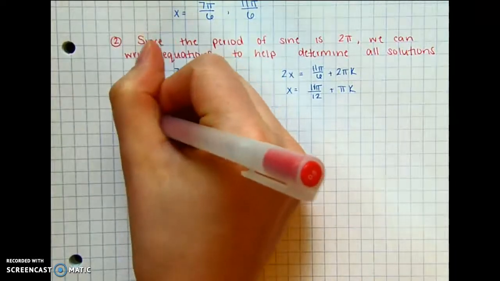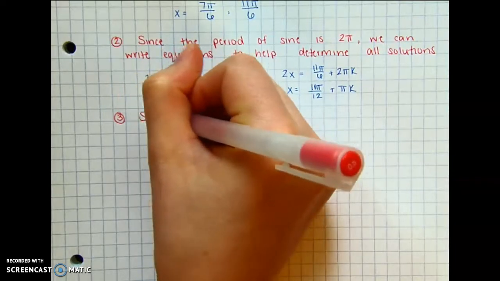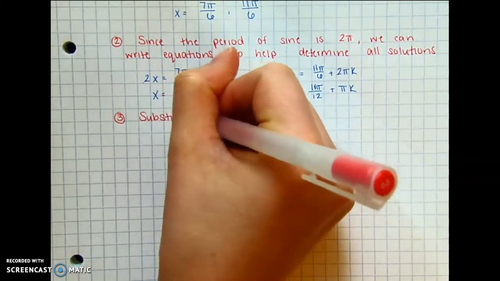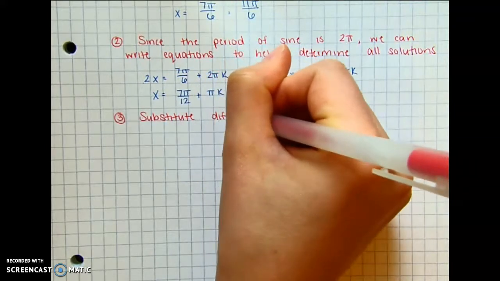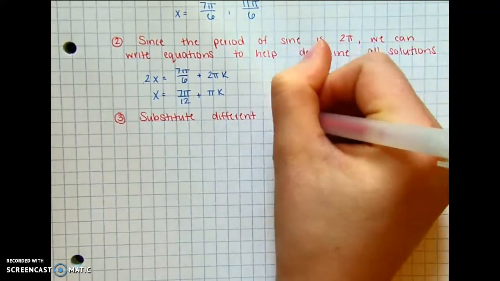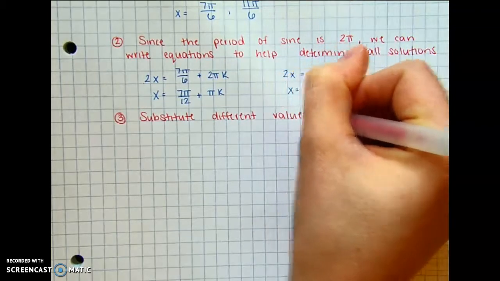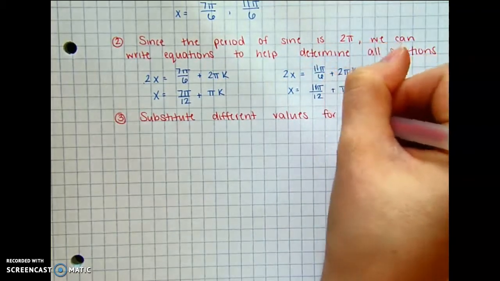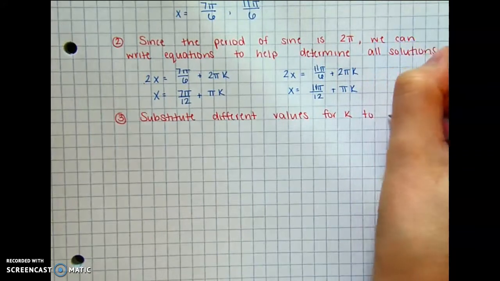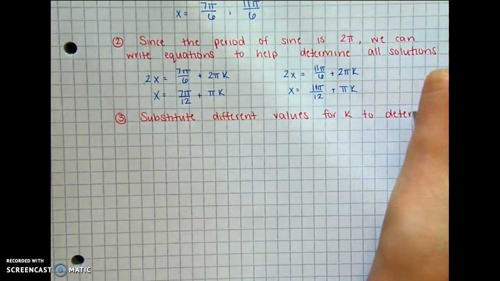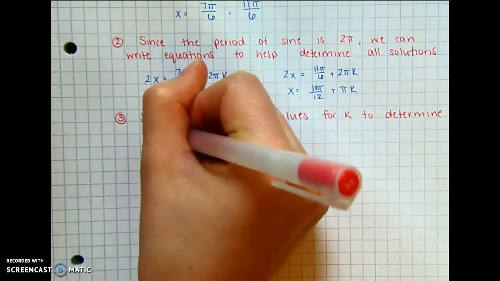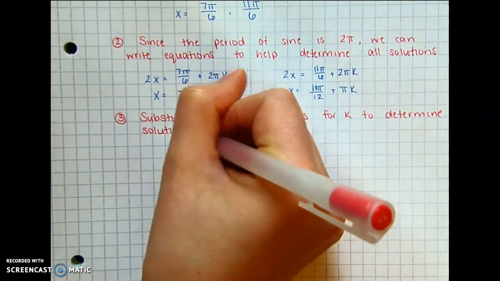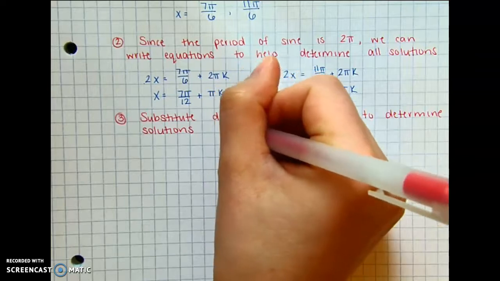So to do that, we're going to substitute different values for k to determine solutions from 0 to 2 pi.